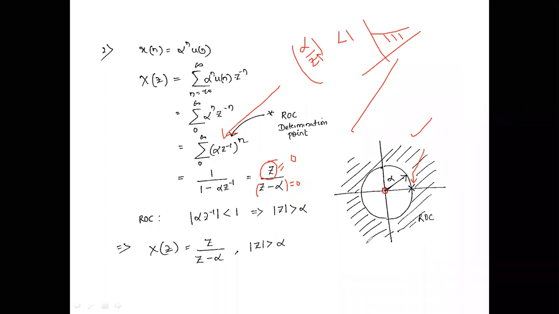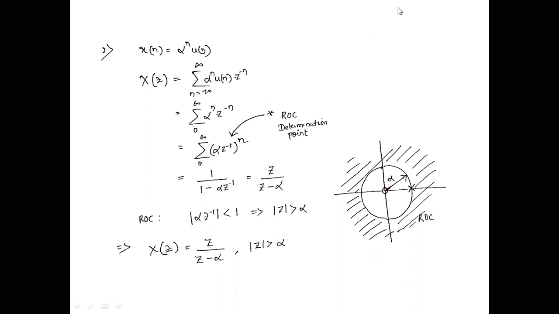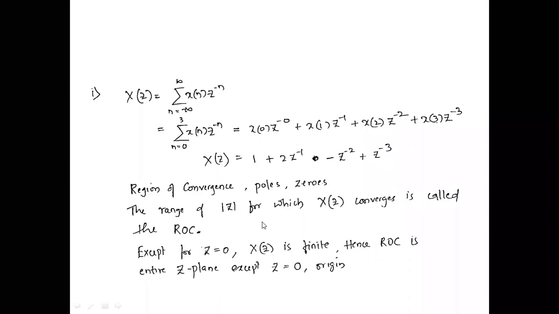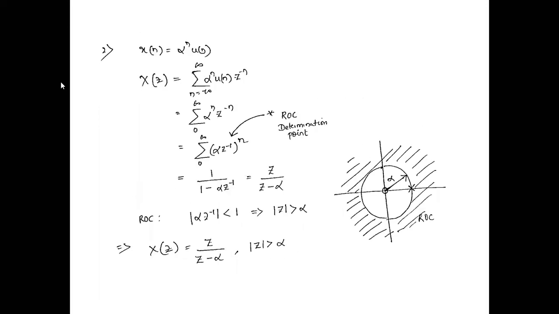One more interesting thing I want you to observe is that in the previous three problems that we saw, the ROC was the entire z plane. Any value you substitute for z, as long as it is not 0 or infinity, X of z was always finite. Whereas for this problem, the ROC is any value of z greater than alpha.